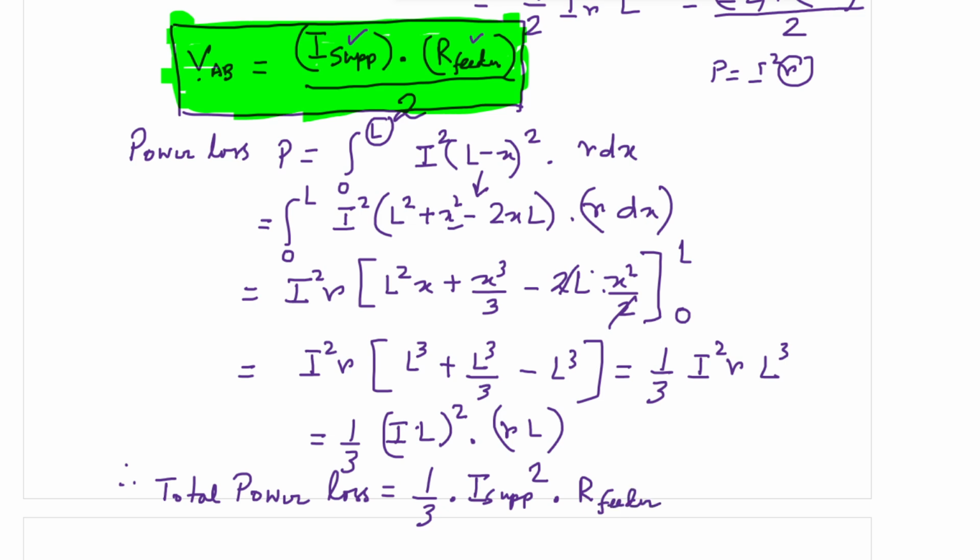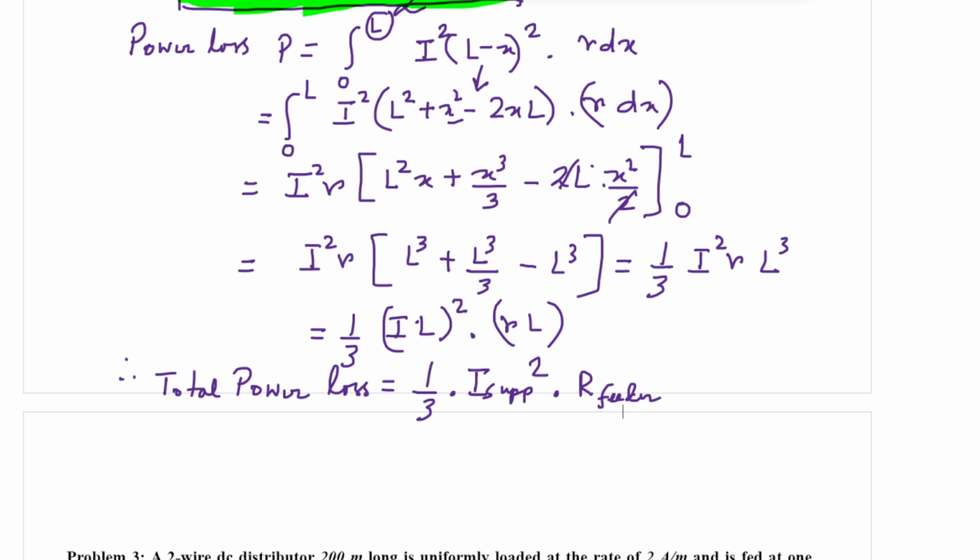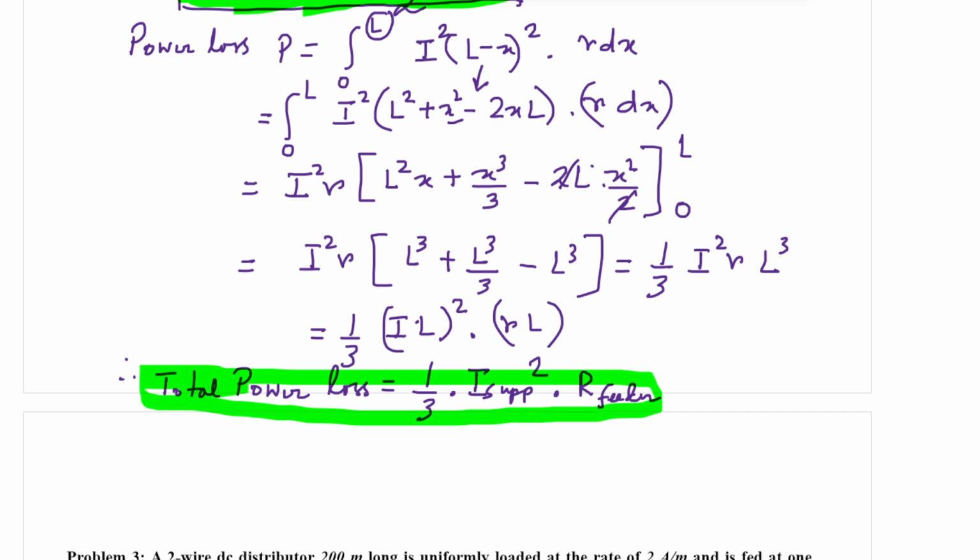So this should be the expression of the total power loss. It is 1/3 of I square, that means the supply current square, multiplied with the resistance of the feeder.